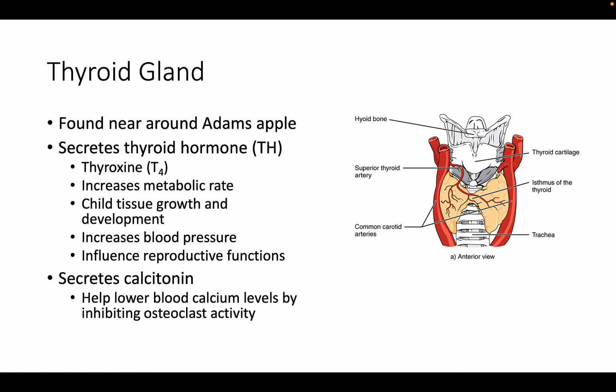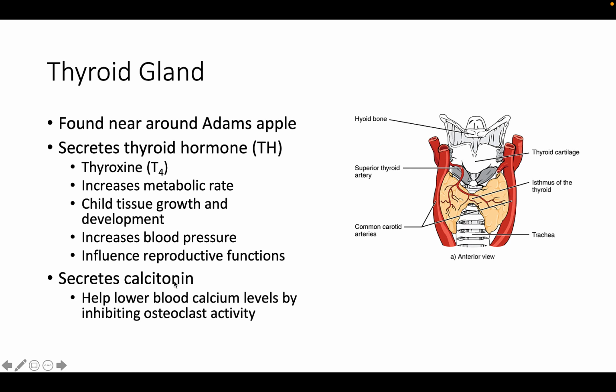So people with overactive thyroids can run hotter than normal, which can affect many different aspects of human physiology, as well as reproductive functions. So you see that down here as well. Blood pressure is also a part of that, and child tissue growth and development are crucial aspects of this thyroid hormone being at a regular rate. Calcitonin is another hormone produced by the thyroid.